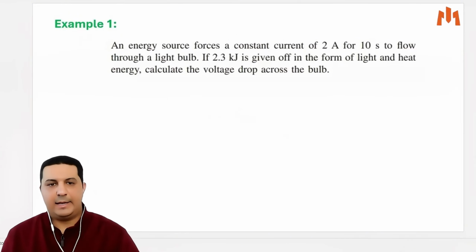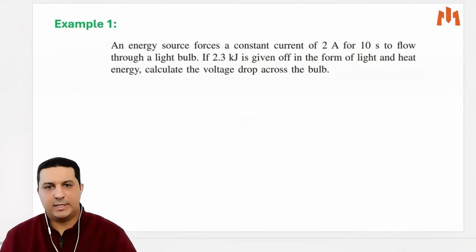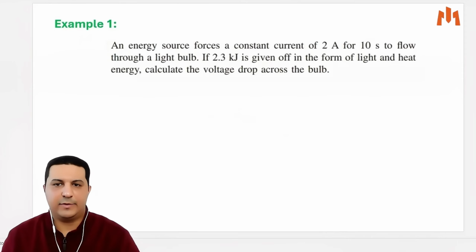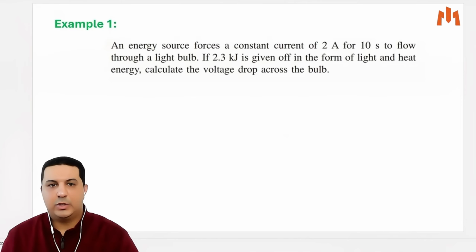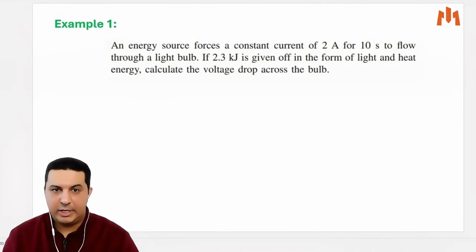Example 1. An energy source forces a constant current of 2 amperes for 10 seconds to flow through a light bulb. If 2.3 kilojoules is given off in the form of light and heat energy, calculate the voltage drop across the bulb.